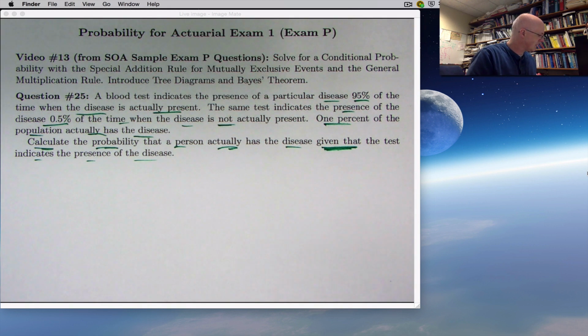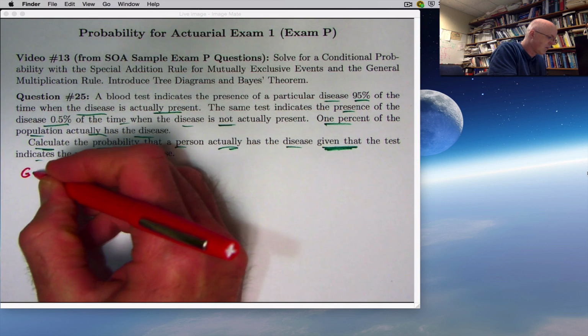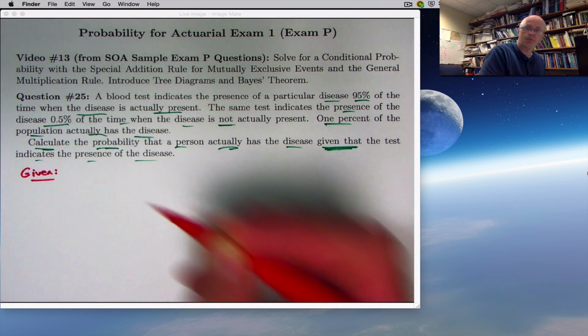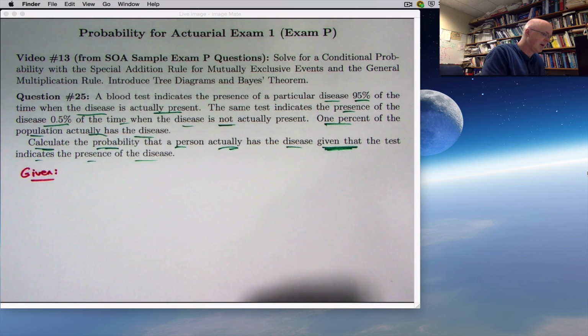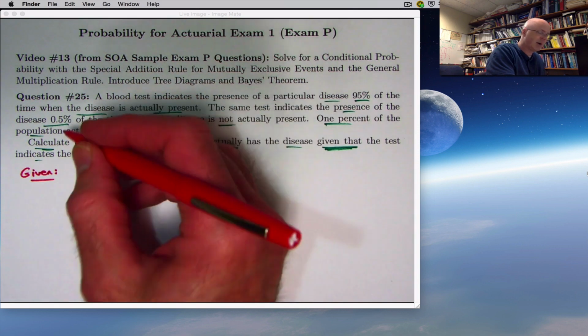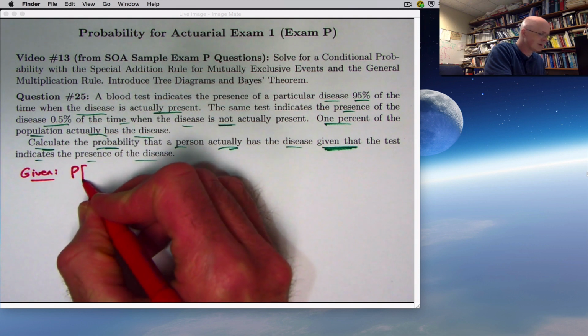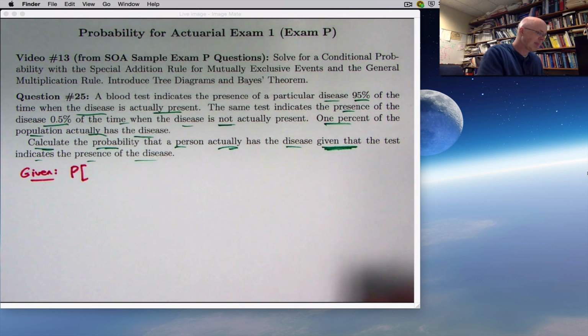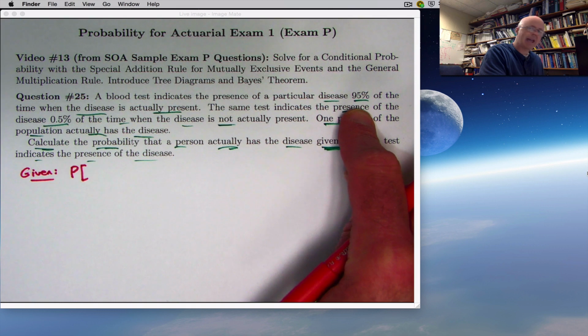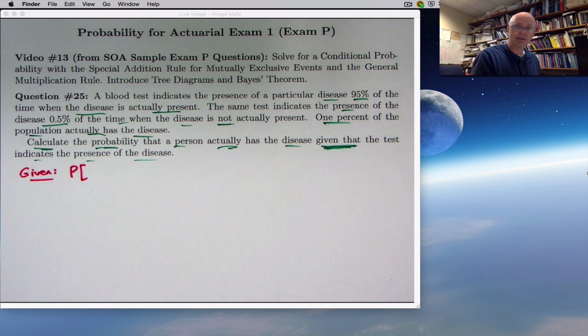Okay, so to start with, I've been usually making Venn diagrams to help us solve problems, and I will do that in this video. But let's just first start by writing down the given information. What are we given? We're going to use standard probability notation. You've got the 95% here and the 0.5%. Those could be thought of as representing probabilities. What kind of probabilities? P stands for probability. Well, the 95% is saying if this person is known to have the disease, it's going to come back positive.